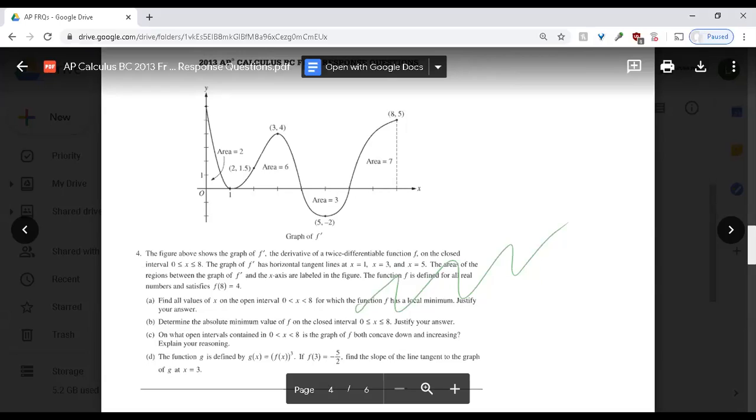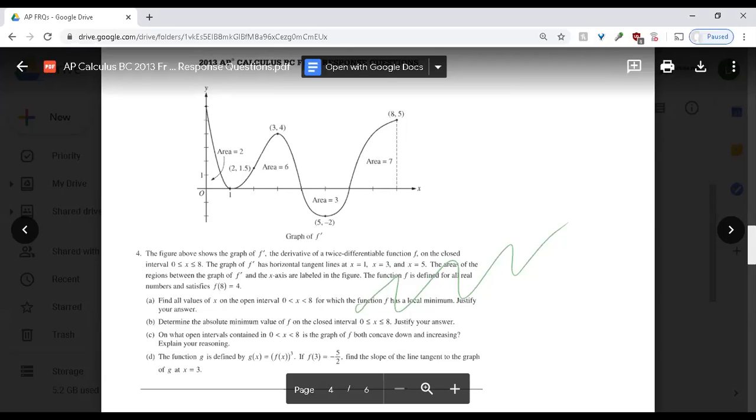You do B. 4B. Can definitely do 4B. Let's look at 4B. Okay, so determine the absolute minimum on the closed interval. Okay, so the minimum has to occur either at the endpoint or the critical point.